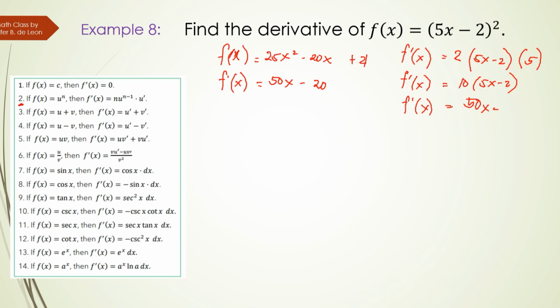Therefore, f prime of x is equal to 50x minus 20.